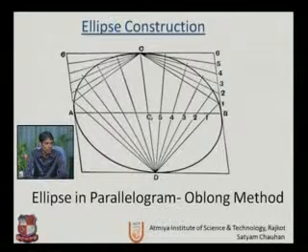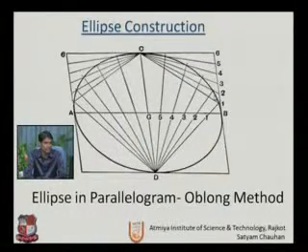So by joining all these lines and extending them, we get the intersection points with the lines which are drawn horizontally from the upper side.